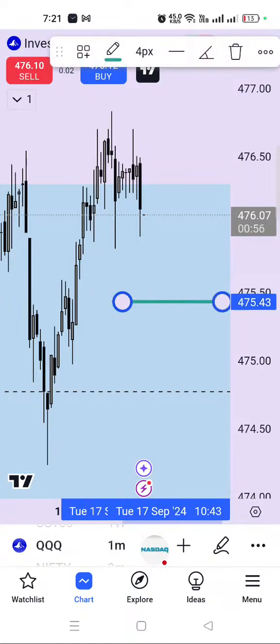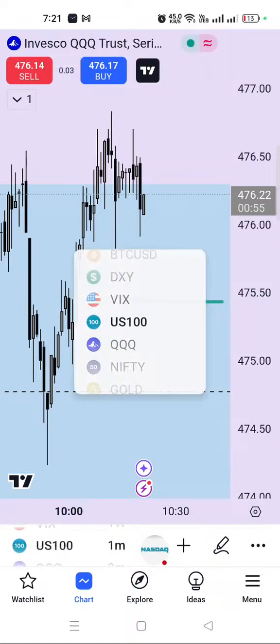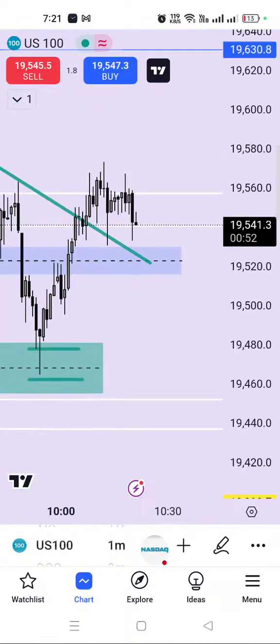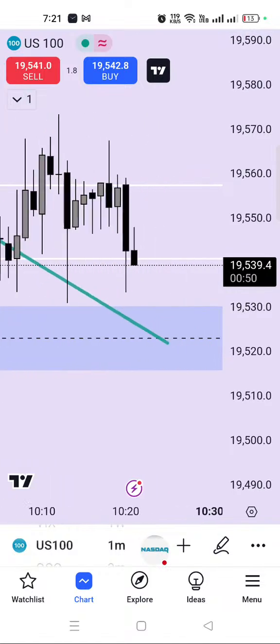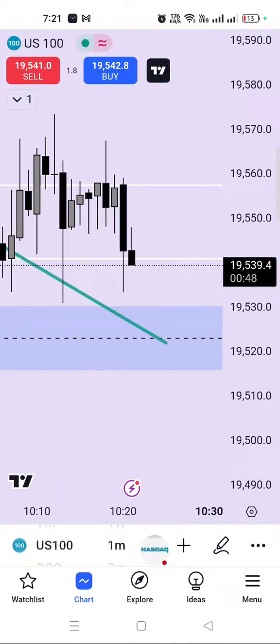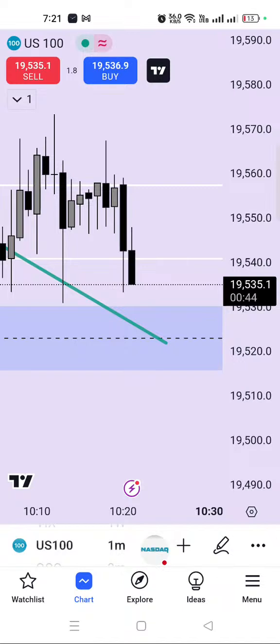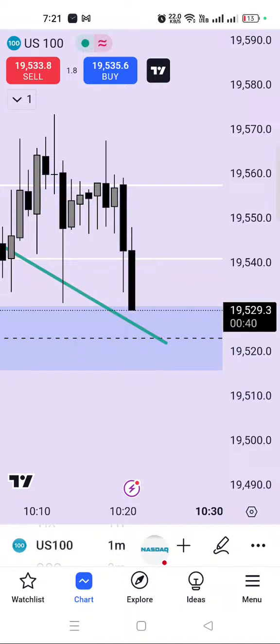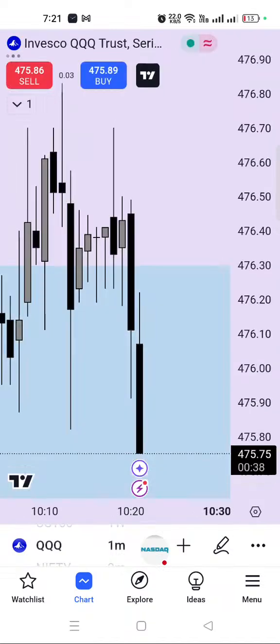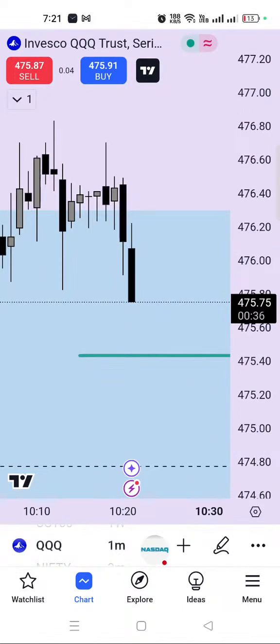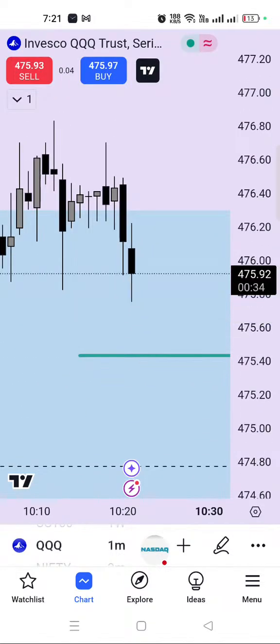Let's see, we're back in the opening range. Ooh, that was fast. Okay. 32, 36.